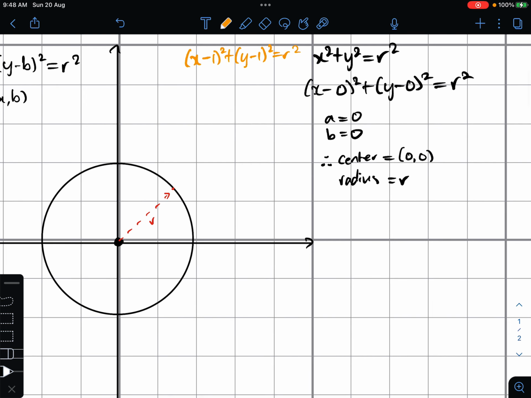So this transformation is a bit strange to think of, but essentially all you want to do is first find the center, which in this case is (1, 1), because a is 1 and b is 1, and then radius, which again is just r.